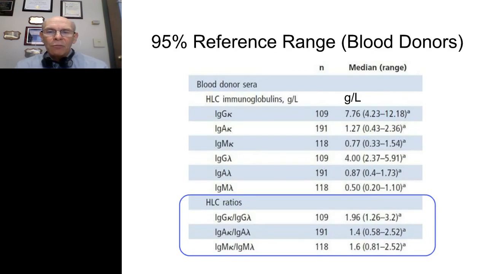They did studies on blood donors, and as you can see, they developed a normal range for IgG kappa, IgA kappa, IgM kappa, etc. And they also looked at the ratios, because just as with the monoclonal free light chains, the ratios are of key importance. Here showing the ranges for G kappa, G lambda, A kappa, A lambda, M kappa, and M lambda.